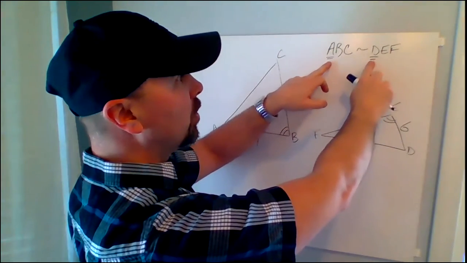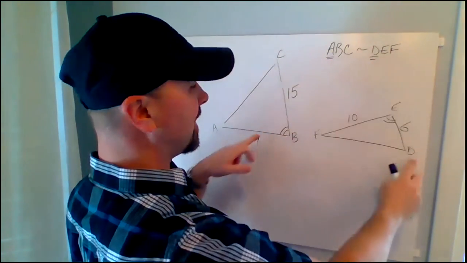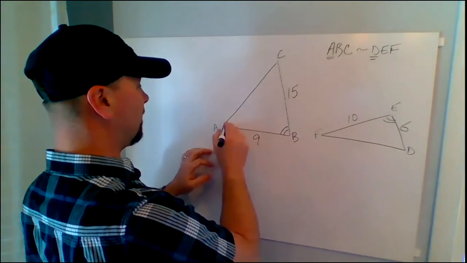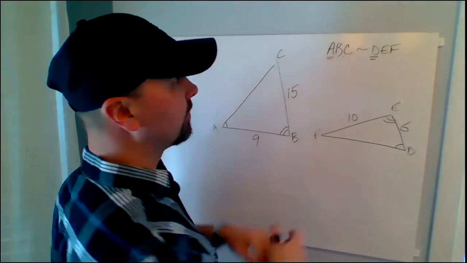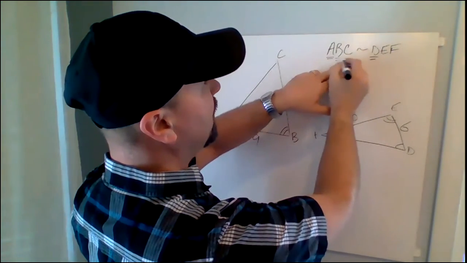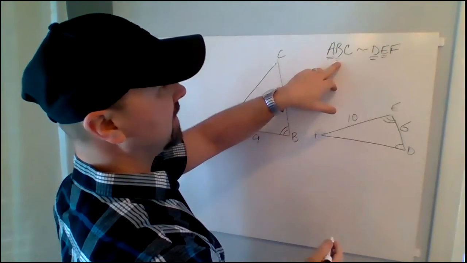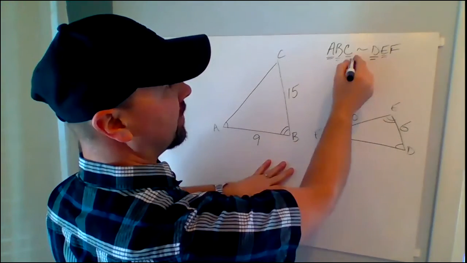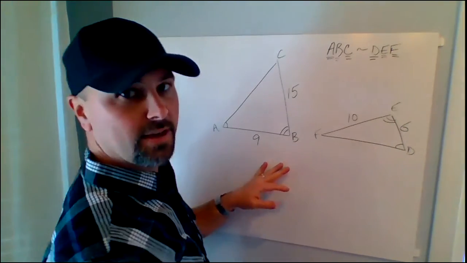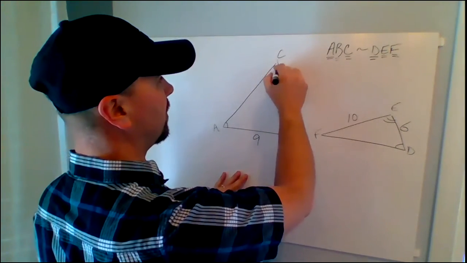Since they're similar, we know angle A and D are the same. So I could label that with a single mark in the angle. Angle B is the same as E. So angle C is the same as F. I'm going to put 3 marks in that.